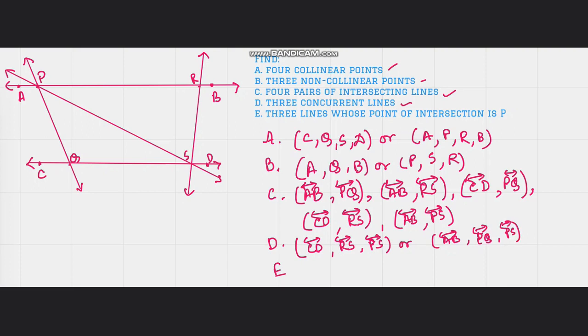For this question you have to write this set only, because here they have mentioned the particular point of intersection. So we have to write AB, PQ and PS. Hope you have understood this. Okay, see you. Bye bye.